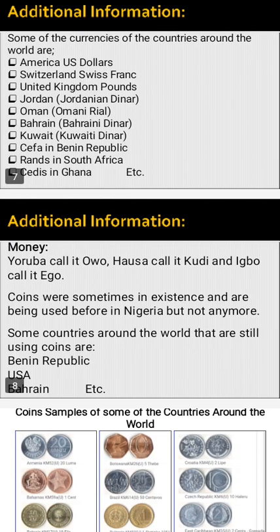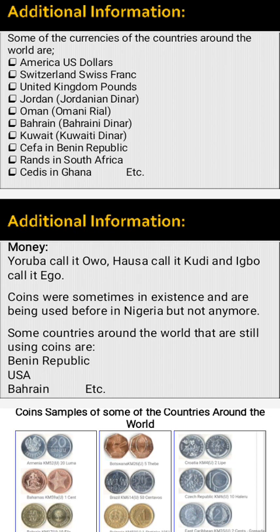Okay, the other additional information is that money, Yoruba call it owo, Hausa call it kudi, and Igbo call it ego.